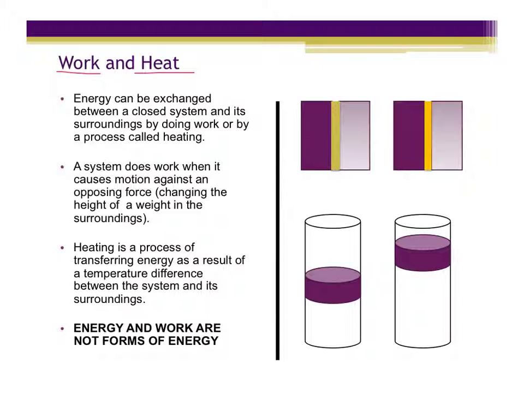So energy can be exchanged through a system by either heating it or doing work on it. When a system is heated, energy is exchanged from the surroundings to the system, or from the system to the surroundings as heat.